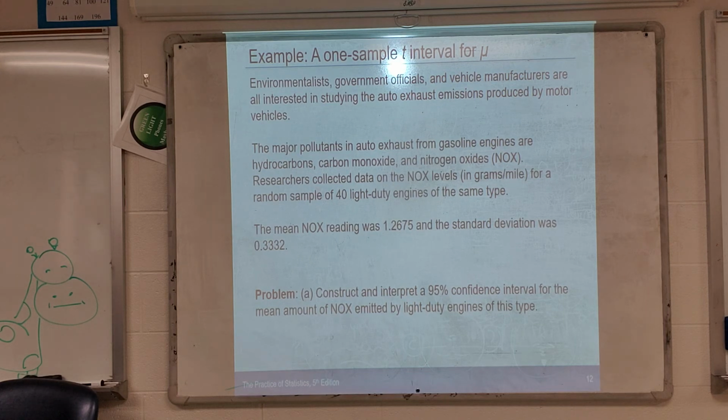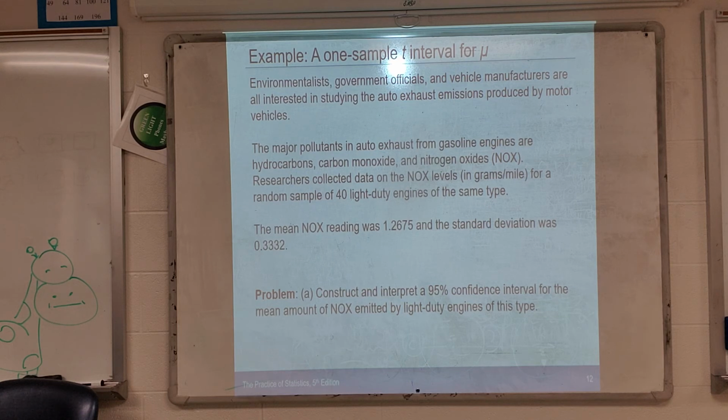All right, so environmentalists, government officials, and vehicle manufacturers are all interested in studying the auto exhaust emissions produced by motor vehicles. The major pollutants in auto exhaust from gasoline engines are hydrocarbons, carbon monoxide, and nitrogen oxides.